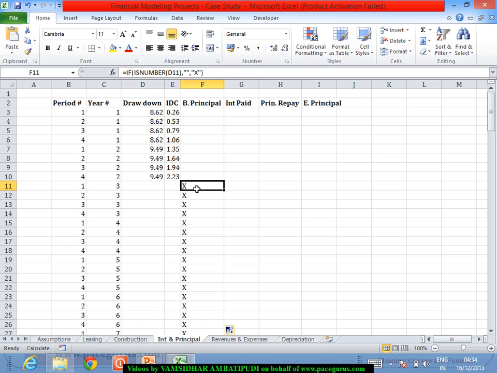So there are two scenarios there. So within this X, I will create two scenarios.